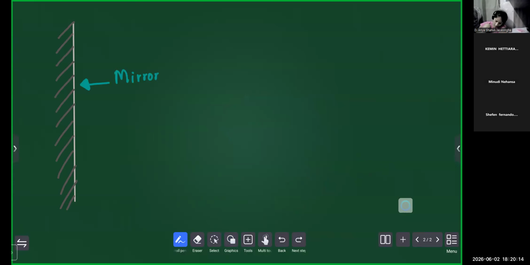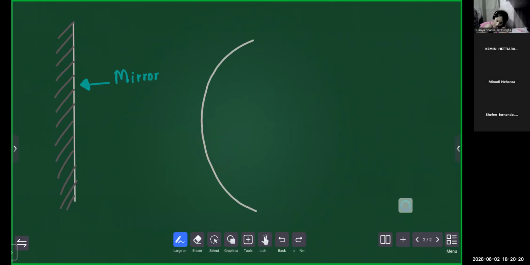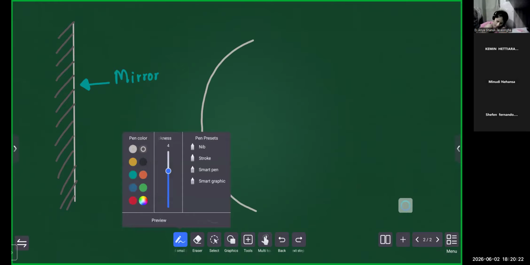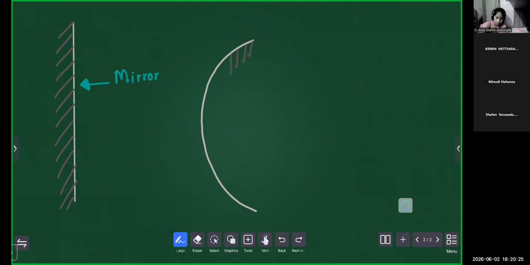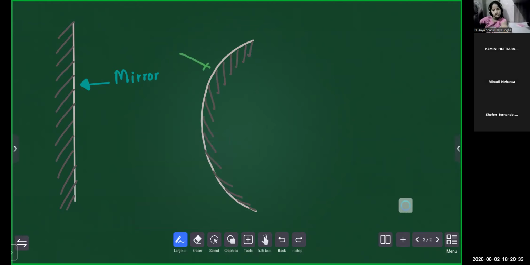Now let's take this one. If we apply mercury here, mercury means rasadiya, remember, so we have to look into this side of the object to make it a convex mirror.